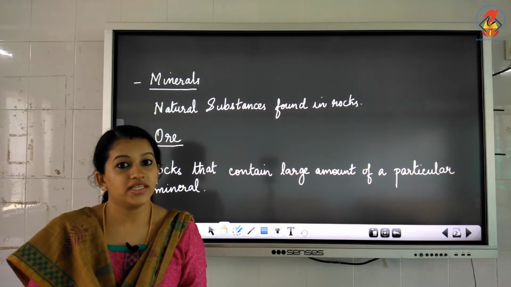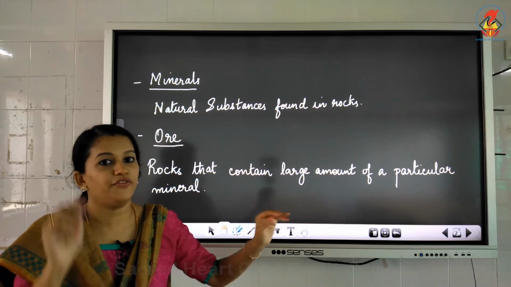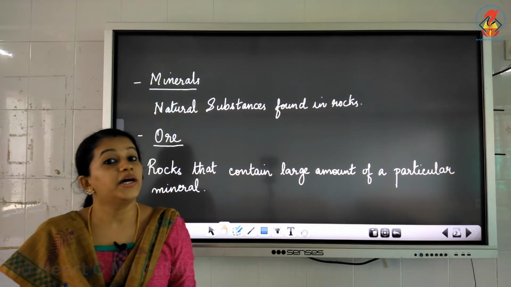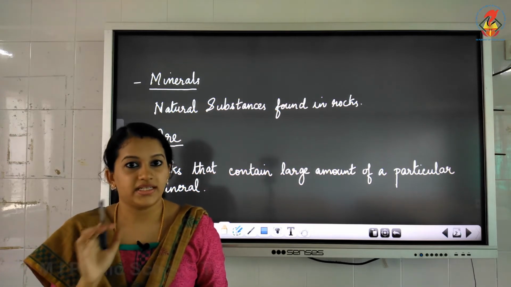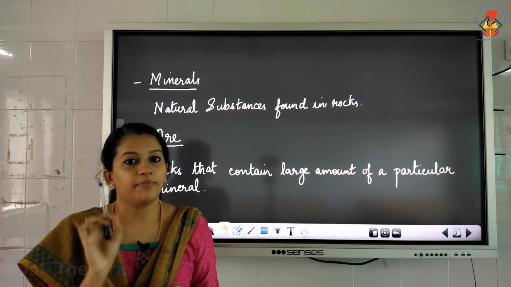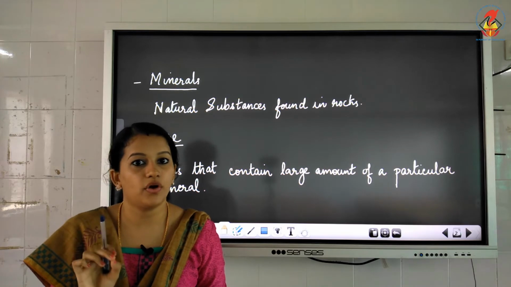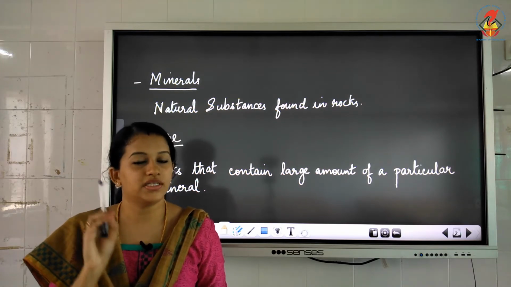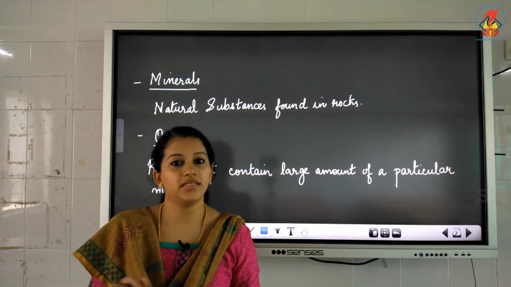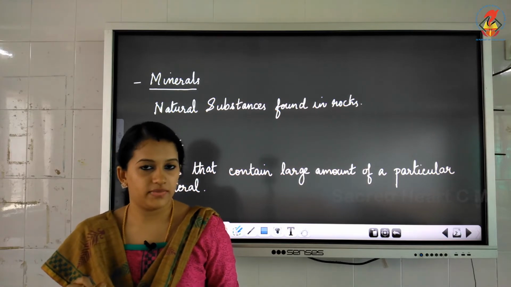That rock is the ore of that mineral. That means ore is a rock itself. That rock will contain a large amount of a particular mineral. Okay, that is called ore. Please underline this in your textbook. So, I repeat again, ore is a rock that contains a large amount of a particular mineral. Or in simple words, a rock that contains a large amount of a particular mineral is called the ore of that mineral.